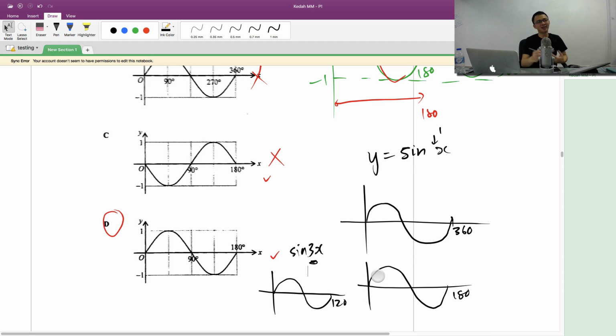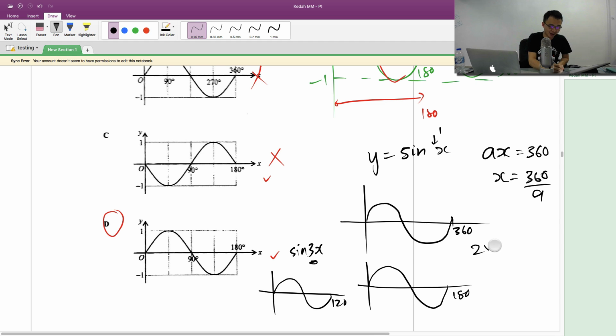Normally I will call it ax; sine or cos ax will always equal 360. So if you want to know about one cycle, you just use 360 divided by a. So in this case, sine 2x, I will say 2x equals 360. x will equal 180.